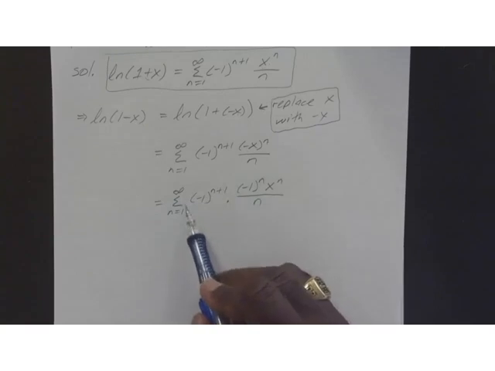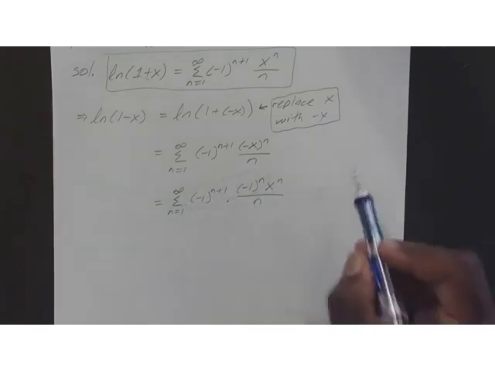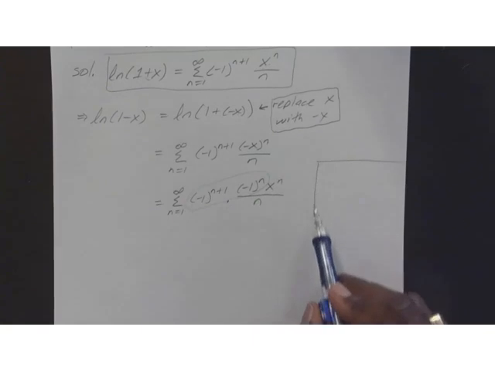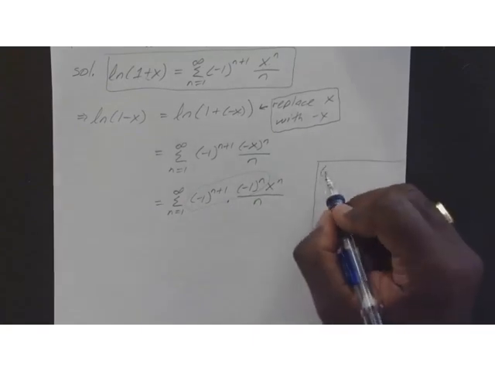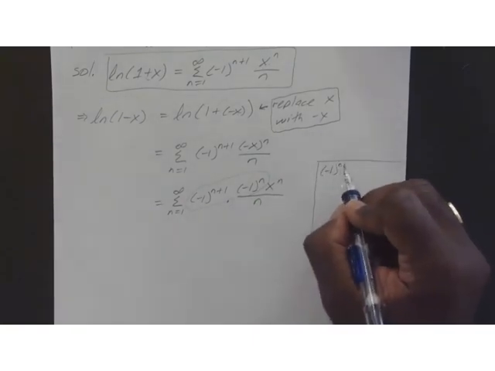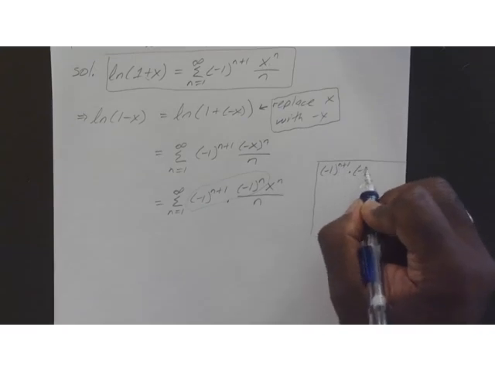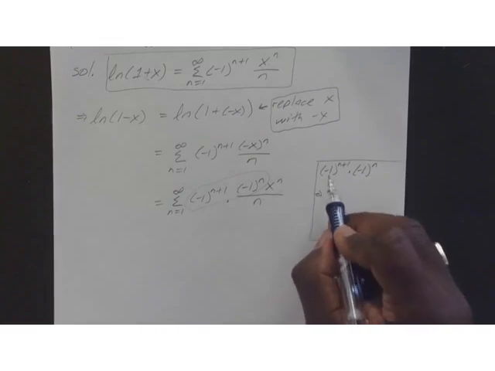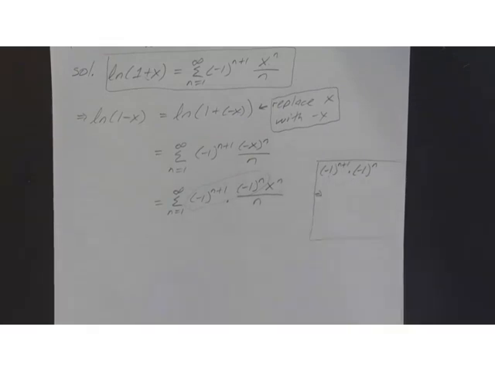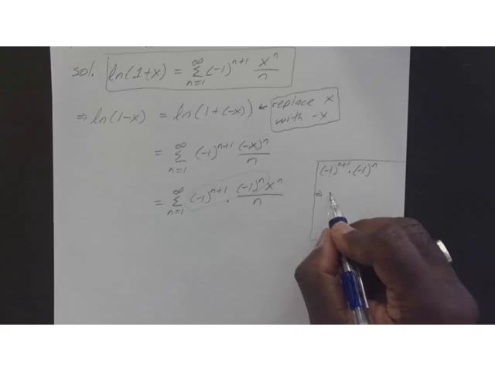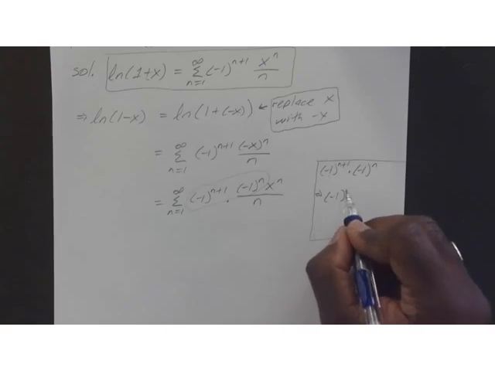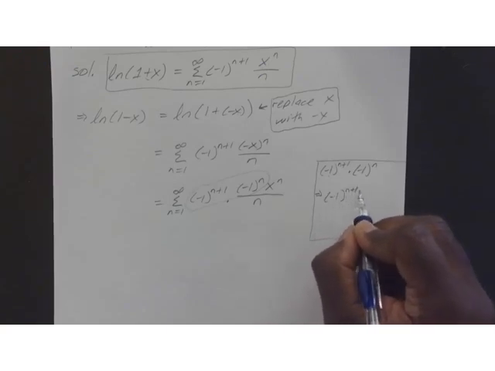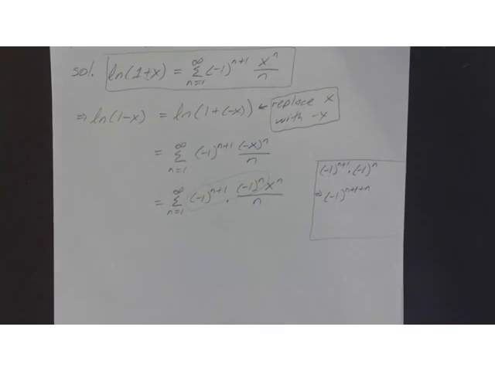Okay, so if we combine these two, so if we have negative 1 to the power of n plus 1 times negative 1 to the power of n, since they have the same base, all we have to do is add the exponents. That's negative 1 to the power of n plus 1 plus n.